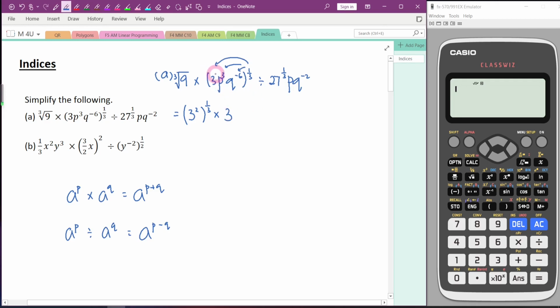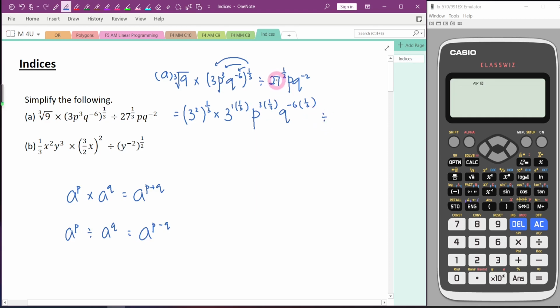You don't see any power here, it means 1. Okay, 1 over 3. 3 times 1 over 3. Q power negative 6 times 1 over 3. If you don't want to write this step, it's okay. You can just calculate mentally and directly go to the answer.